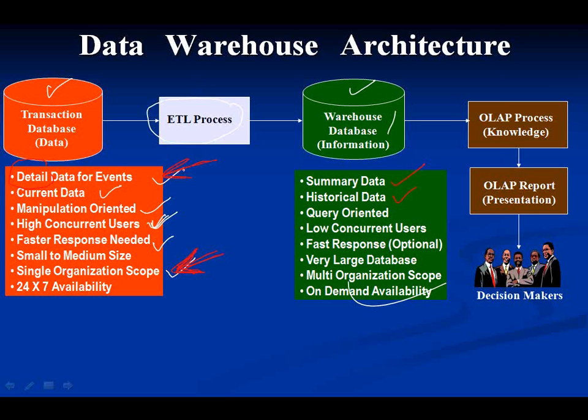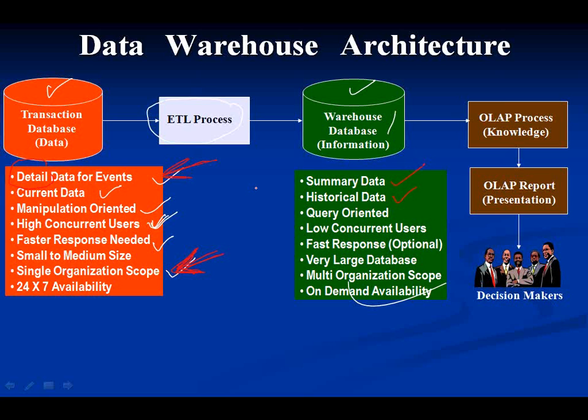Details of each and every transaction. At every single transaction level, you have the information. But here, the same information we can never get. We don't keep the same detail level in a warehouse.